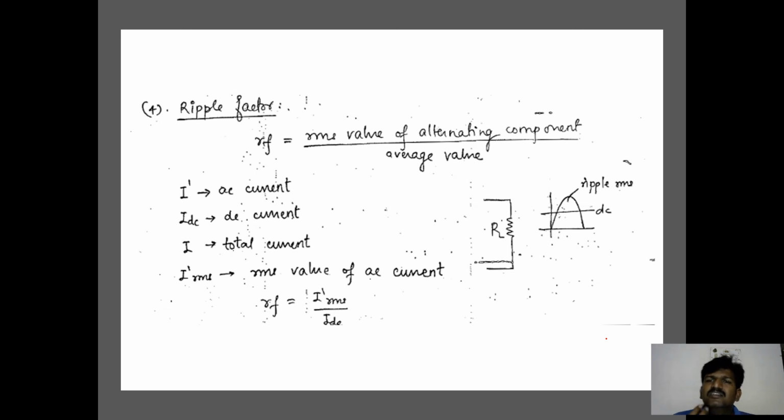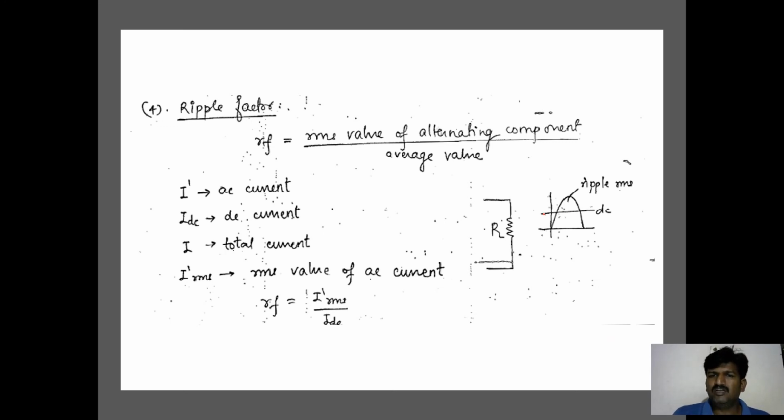That percentage of alternating component in the existing DC current or voltage is called ripples. Those ripples need to be suppressed, and they need to be small, only then is the output purely DC. When there are more ripples, it means the rectification is not perfect. You have to understand that.